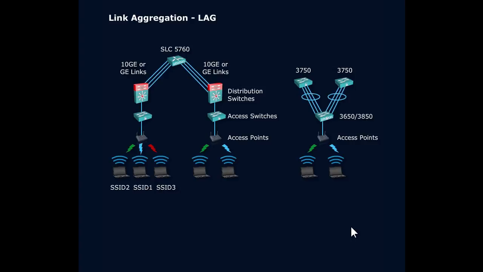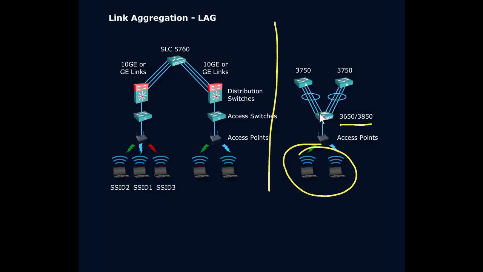Last thing, gang, in our switches, we have the ability to configure link aggregation. And remember those uplink ports, those 10 gig uplink ports? Yeah, this is a great way to use them. So we're talking about a 3650 or 3850 over here on the right-hand side, and those are connected directly to our access points. This is an access layer switch. What about the distribution layer? Hey, how about I configure 2 ports to each of my distribution layer switches, our 3750s operating right here.